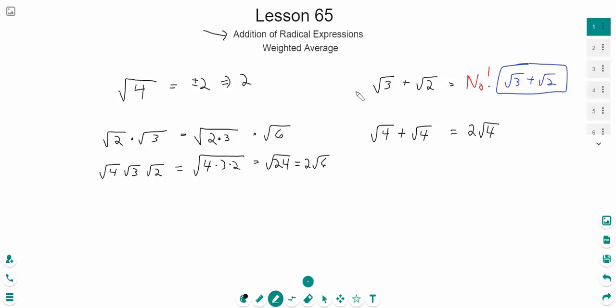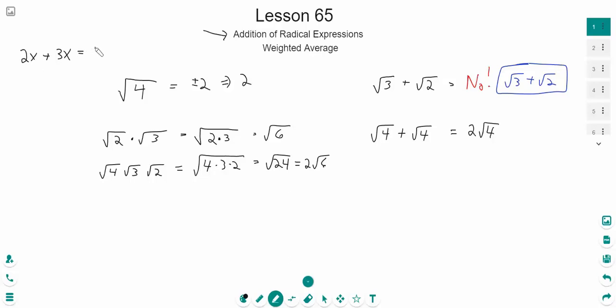We are going to treat radicals the same way that we treat variables. All right? So if I have something like this, if I have 2x plus 3x, can I combine these? Sure I can, right? Because they're like terms. The x's are the same.